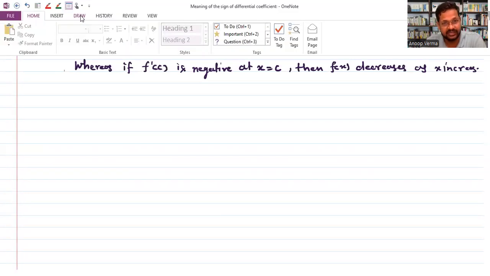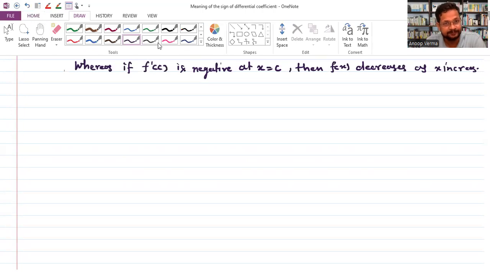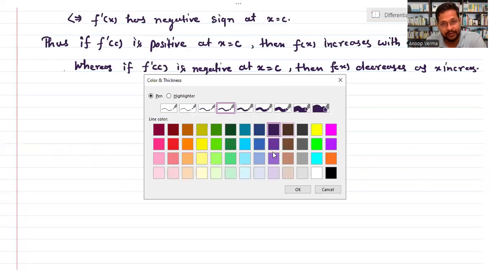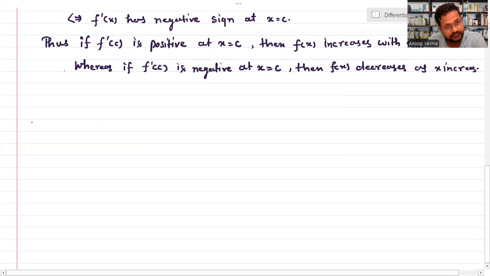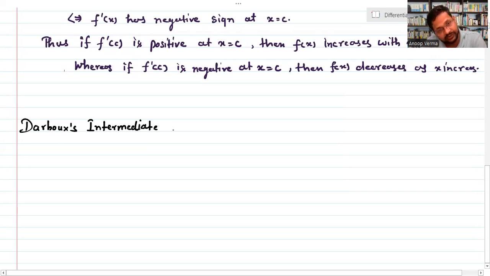I'm choosing the color, let's choose black first. Okay, so this is Darboux's intermediate value theorem for derivatives.